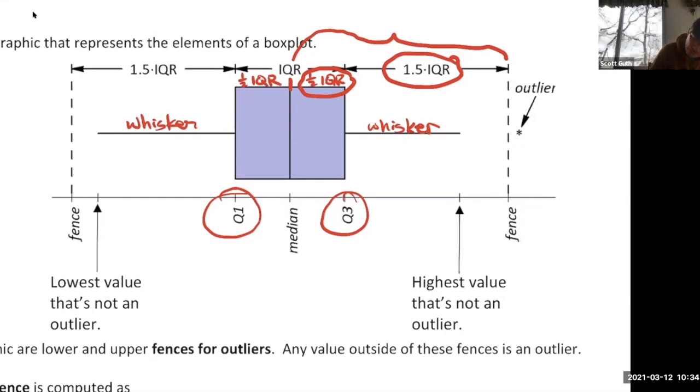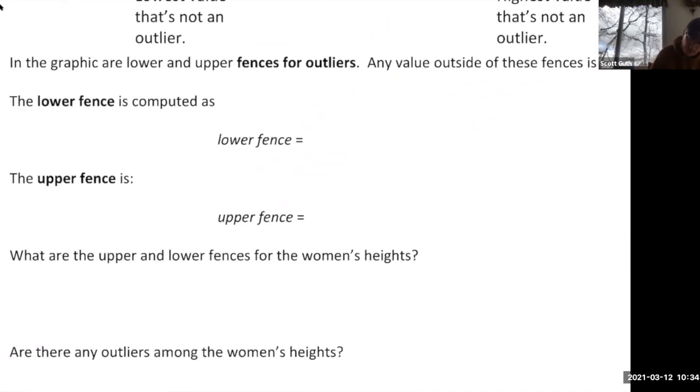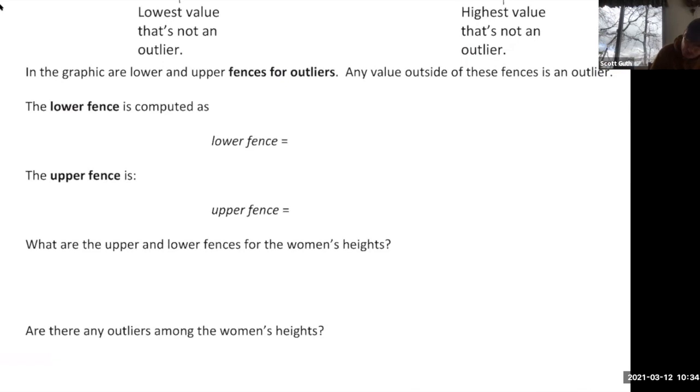So I'm going to clean up some of this graph real quick and just put down what I've said. Here, for the lower fence, you've got to go down from the 1st quartile. You want to go down 1.5 times the interquartile range, and that'll take you to about 2 interquartile ranges below the median.